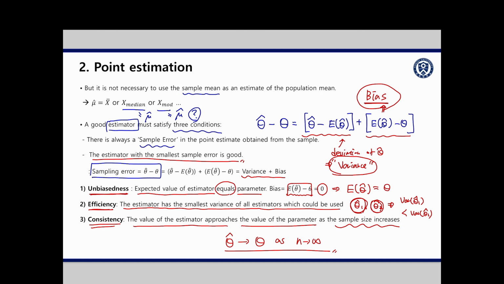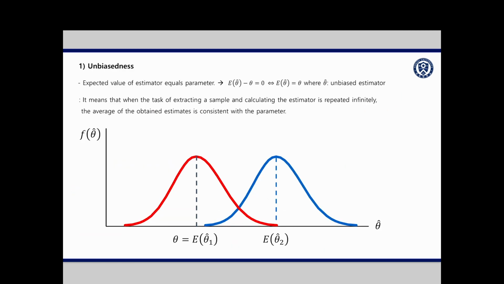So let's take a look at these three conditions in detail. Unbiasedness is that the expected value of the estimator equals the parameter.